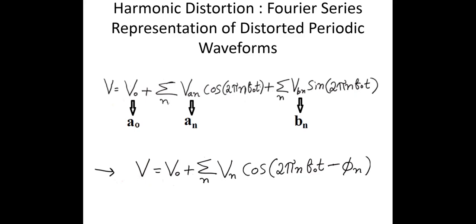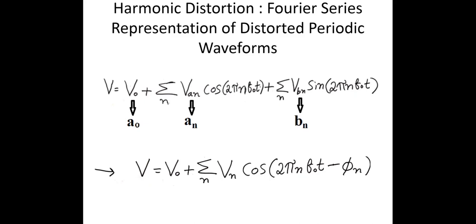V naught is not the output voltage. Here V naught refers to the DC voltage. So V naught is basically the A naught in your standard Fourier analysis. VAn are the An's of your standard Fourier series, and VBn are Bn's of your standard Fourier series.